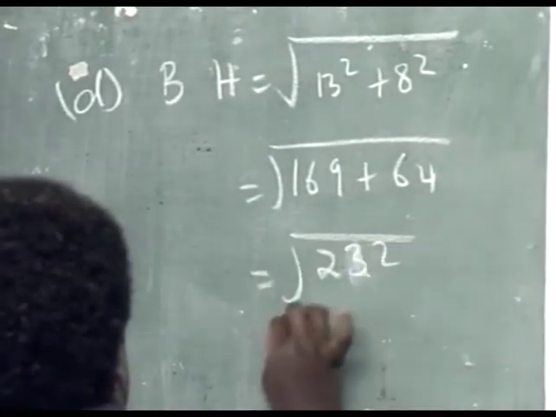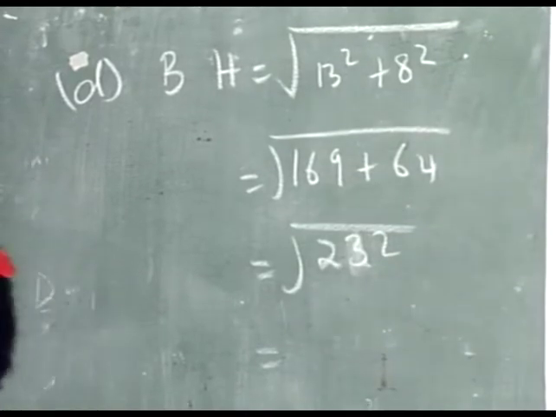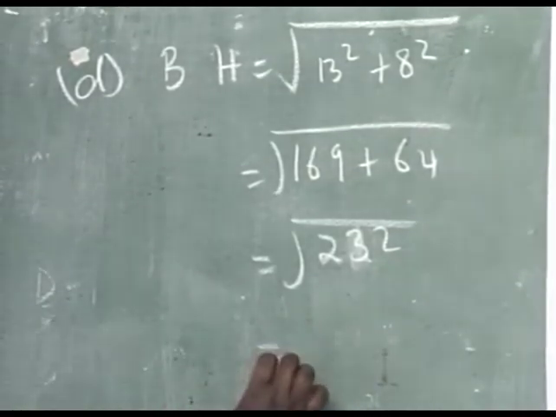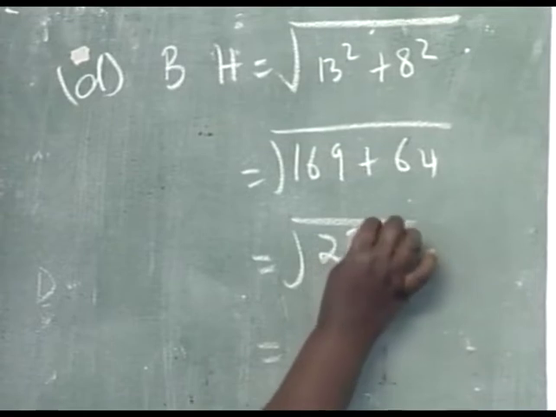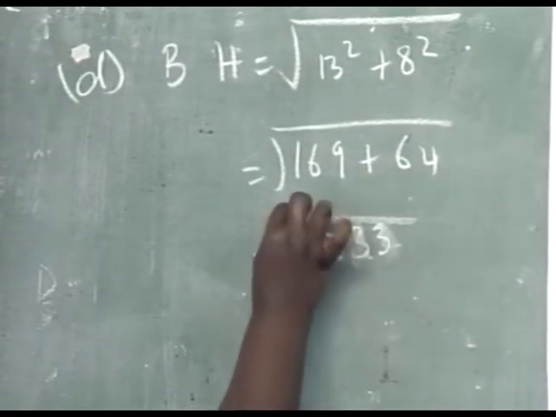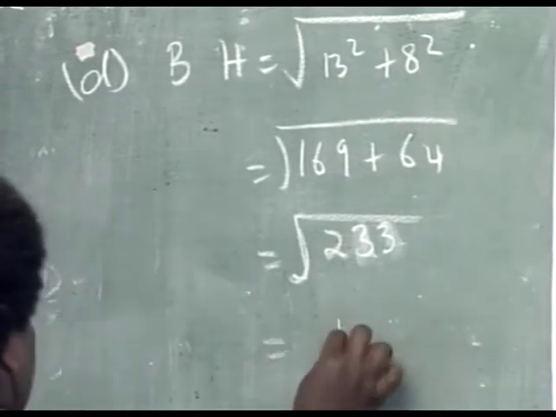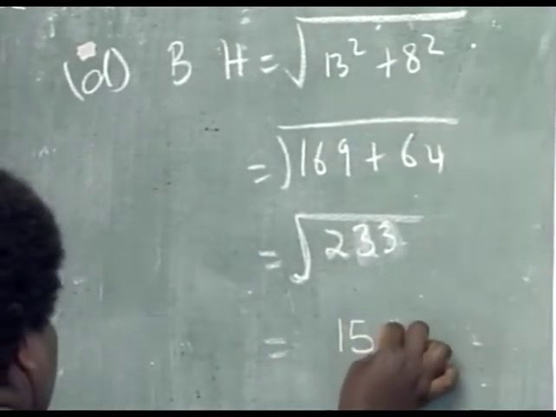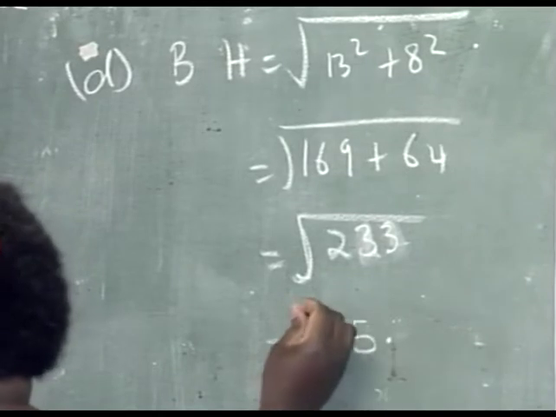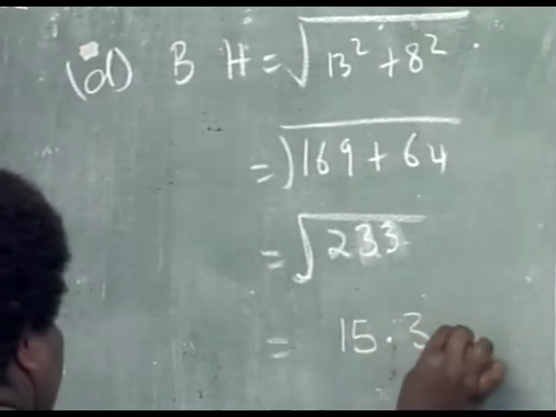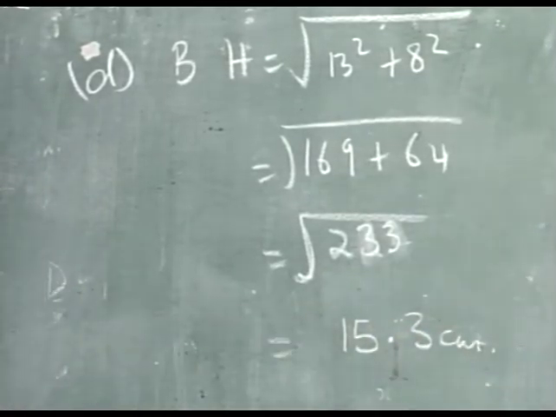The square root of 233 is 15.3 to one decimal place.